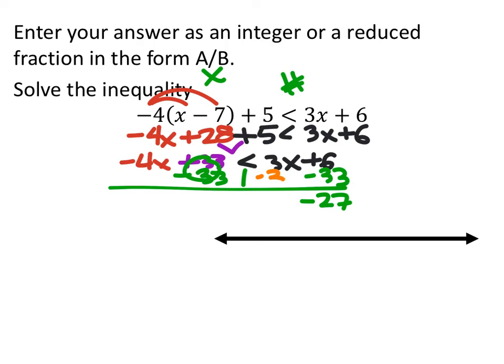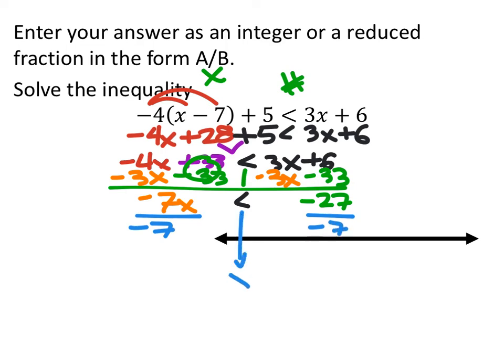And also the 3x, I got to zero that out, so subtract 3x from both sides to make negative 7x. Still less than, though. Finally, we'll divide both sides by the negative 7 to make that 1x. And that's going to flip that inequality to be now greater than. So x is now greater than 27/7.